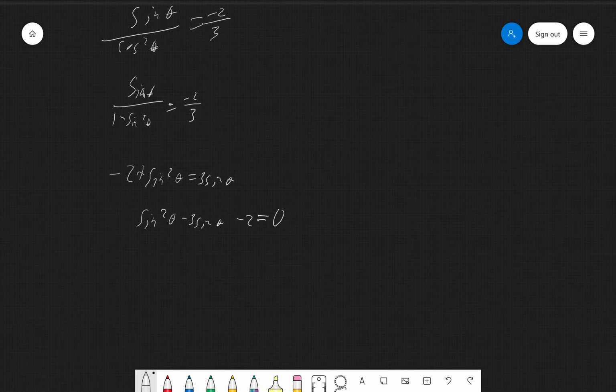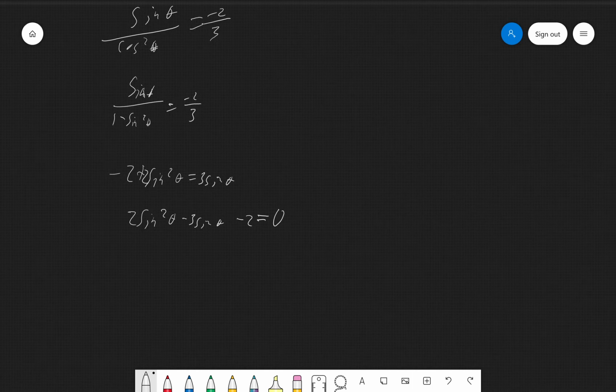I can't really do this. Oh wait, no, this is 2 sine squared of theta, right? Sorry about that, there's a 2. Now it makes sense. Multiply to negative 4, add to negative 3. What am I doing? Negative 4 and 1.